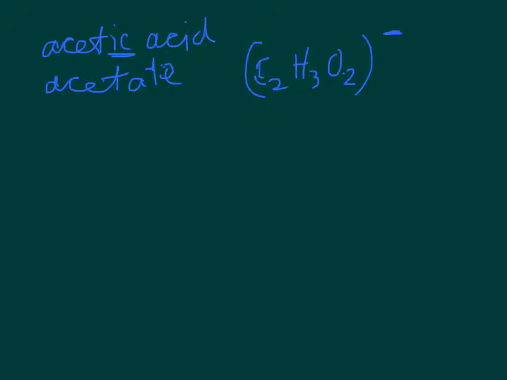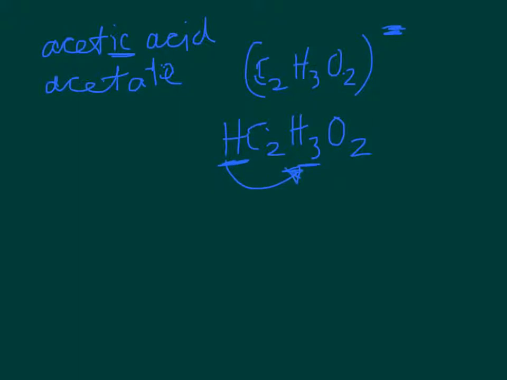And the charge tells you how many H's to add. So if it's a 1 minus charge, you add 1 H. So it's going to be H, C2H3O2. Now this H has to be separate from that H because this H tells you it's an acid. Do not combine it with that H, you'll get minus puntos.